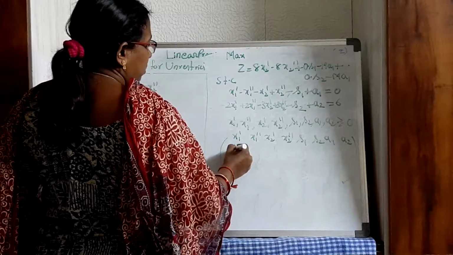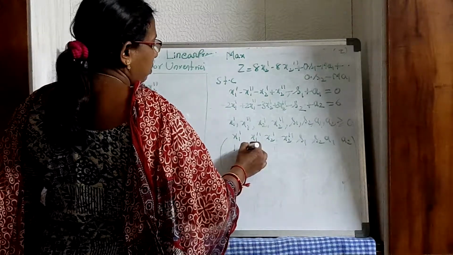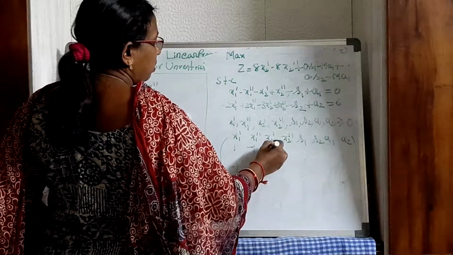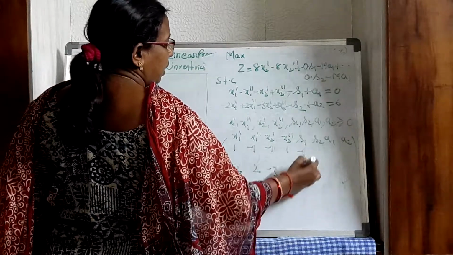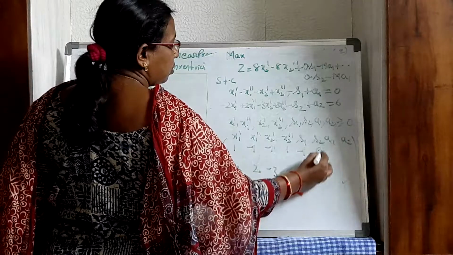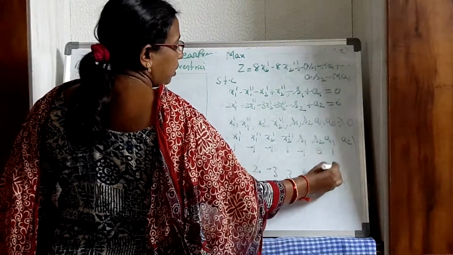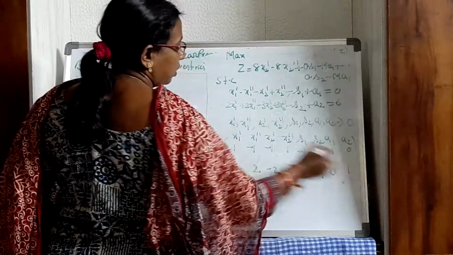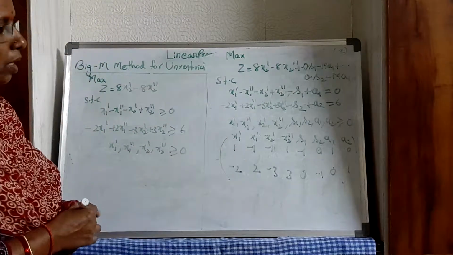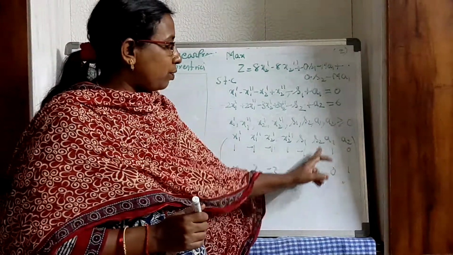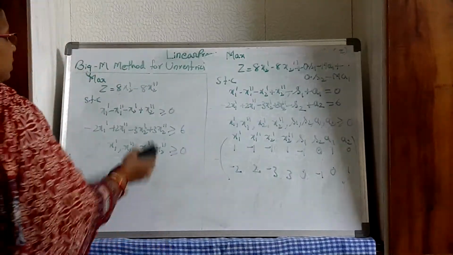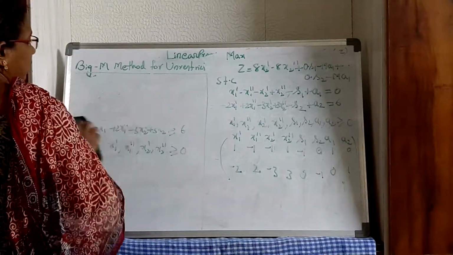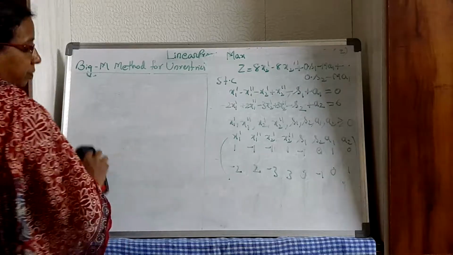The coefficients are 1, minus 2, minus 1, 2, minus 1, 0, 1, 0, and minus 1, 2, minus 3, 3, 0, minus 1, 0, 1. Here we can see the identity matrix formed corresponds to the variables A1 and A2. Now we will solve using the usual big M method.